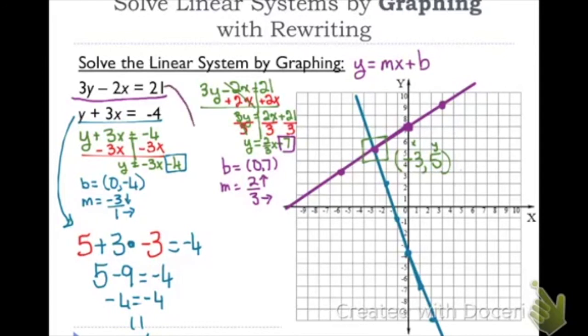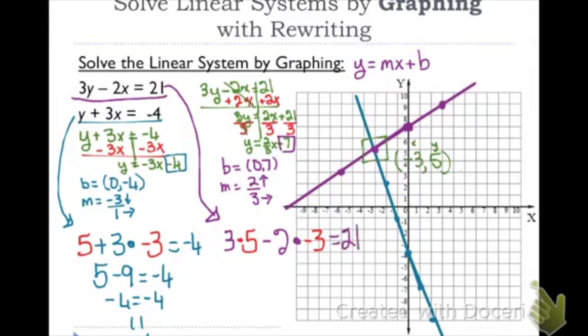So now I need to check my other equation. And I am going to say on this one, 3 times, I'm going to take my y value of 5, minus 2 times my x value of negative 3, equals 21.